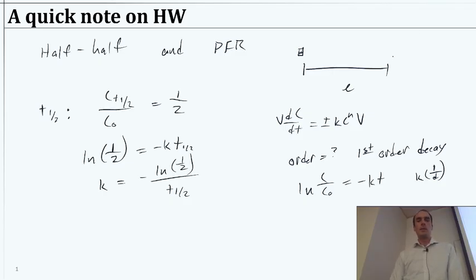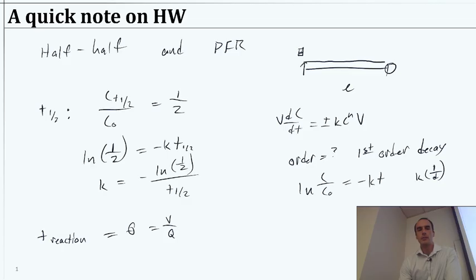And another thing to keep in mind is when you solve the final problem, what you're looking for is the time that the water stays in that pipe. So the time for the reaction in that particular scenario is going to be the theta, which is V over Q. Volume being some function of the fact that we have a pipe-like system, right?